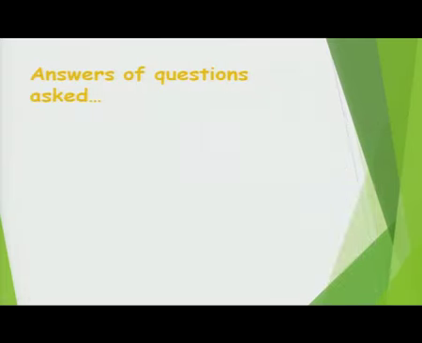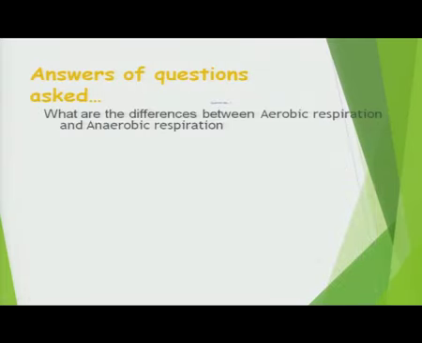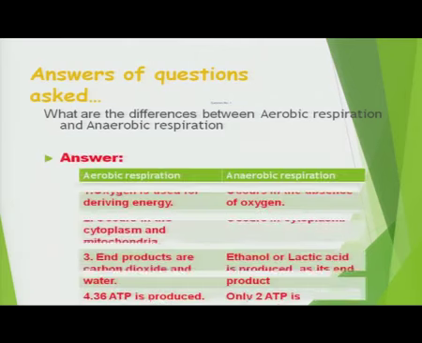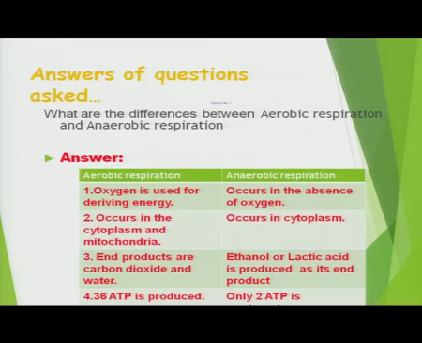Now, my next question was, what are the differences between aerobic and anaerobic respiration? Anaerobic respiration is also called fermentation, it is the same thing. In aerobic respiration oxygen is used, and in anaerobic respiration it occurs in absence of oxygen.